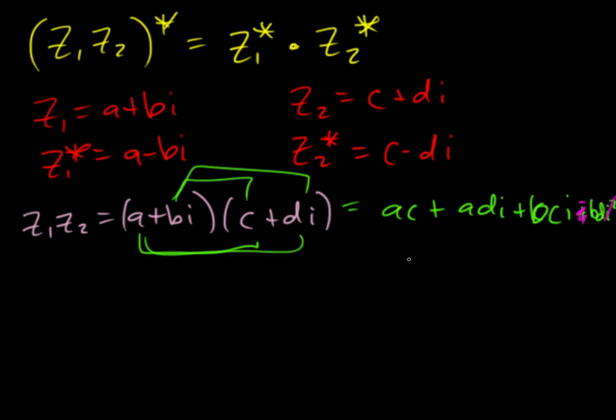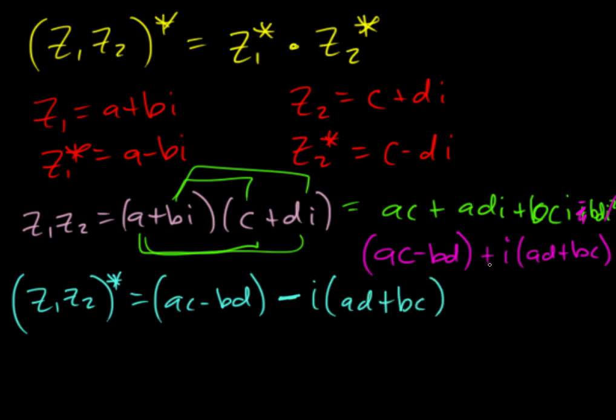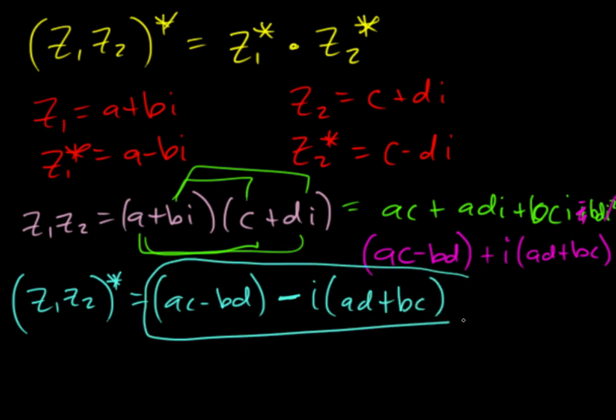The real part on this is going to be ac minus bd. And then the imaginary part is going to be ad plus bc. And then if we take the conjugate of that, z1 z2 conjugate, that's going to be ac minus bd minus i(ad plus bc), just changing this sign right here. So that's the left side of the equation.